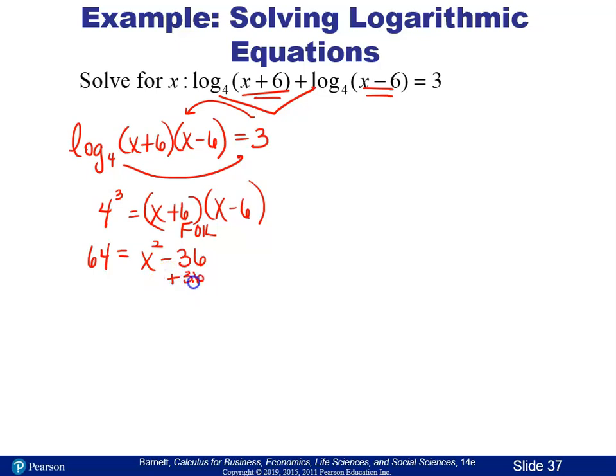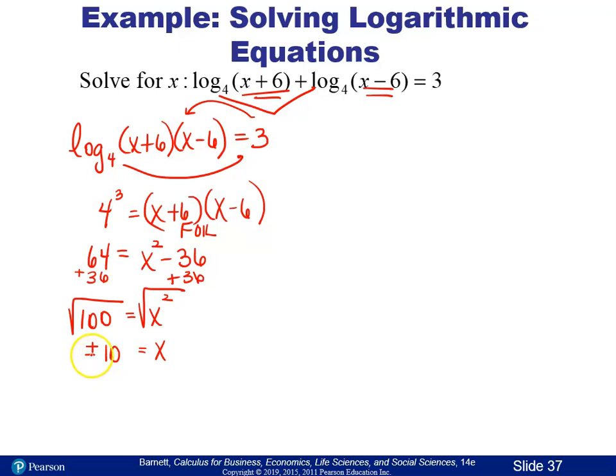So if I add 36 to both sides, I'll have x squared is equal to 100. So x would be equal to either plus or minus 10.